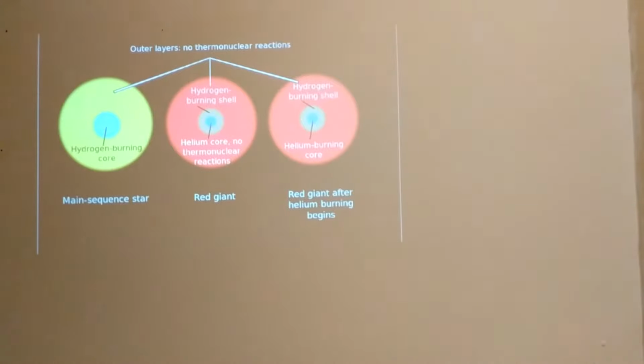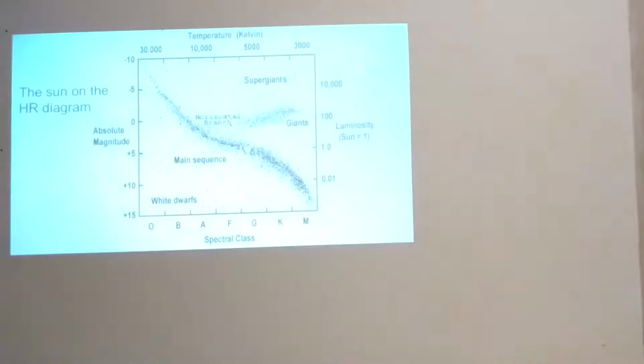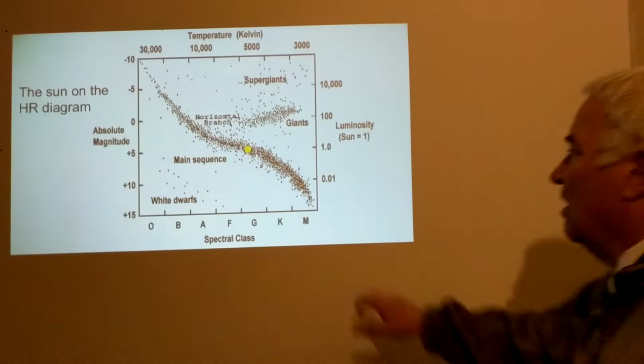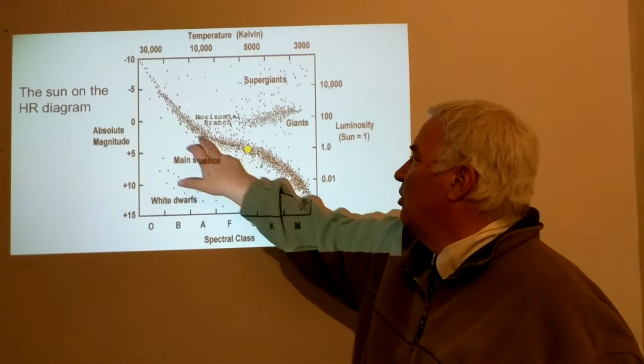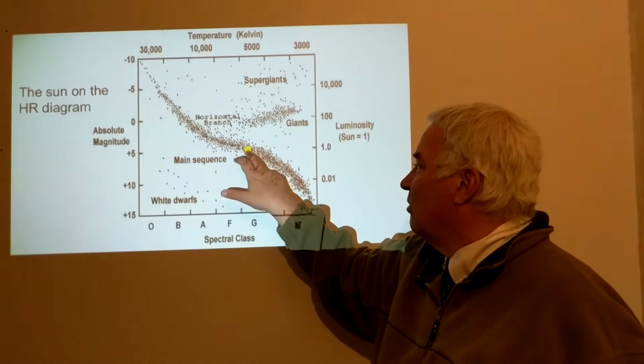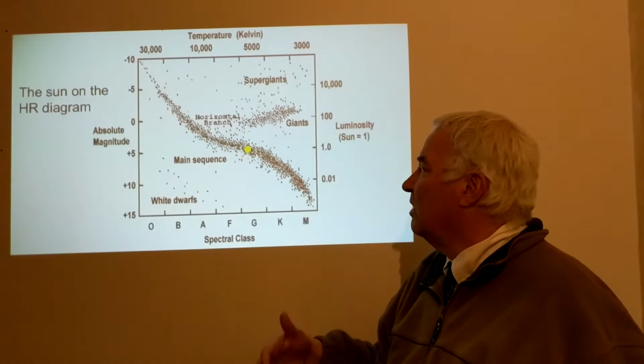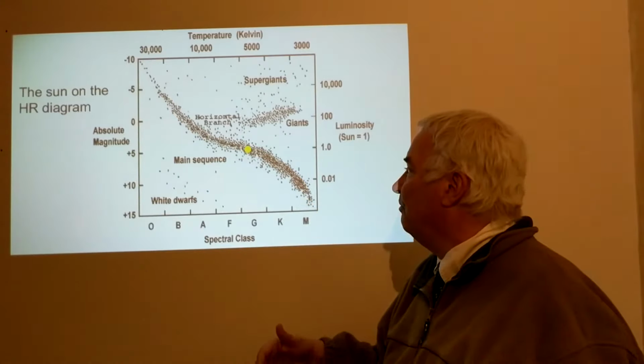But eventually the helium runs out in the core. This is very similar to what happened on the main sequence. Remember, on the main sequence we have the Sun here. The Sun doesn't move up and down the main sequence, but the Sun remains on the main sequence for billions of years as it's converting hydrogen into helium.